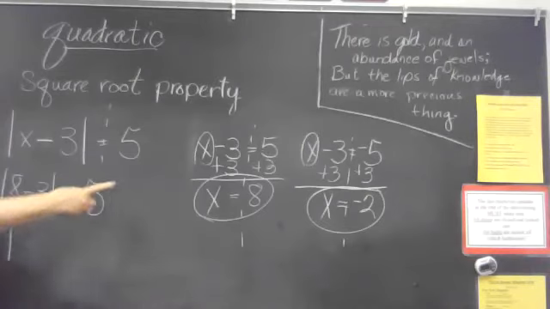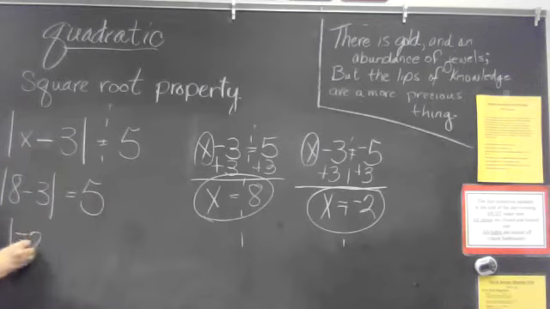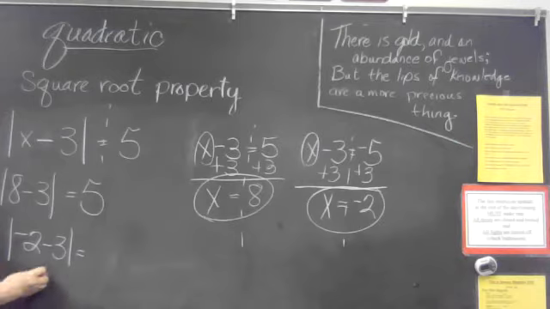It says if I plug in -2 right here, it should work. So I have -2 minus 3. What's -2 minus 3? -5. What's the absolute value of -5? +5. So both of those work. There are two answers that will work.